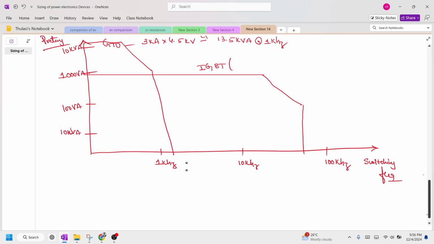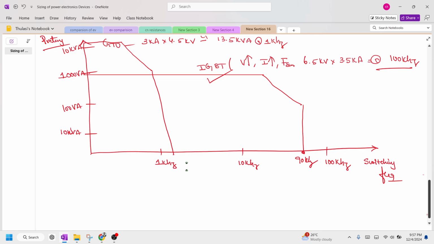It is one of the powerful devices which can handle higher voltages, higher current, and higher switching frequency, approximately in the range of 90 kilohertz. It can be operated at a maximum voltage of 6.5 kilovolts with a current of 3.5 kiloamperes at a switching frequency of 100 kilohertz. That's why this is one of the powerful devices, like a unidirectional switch.